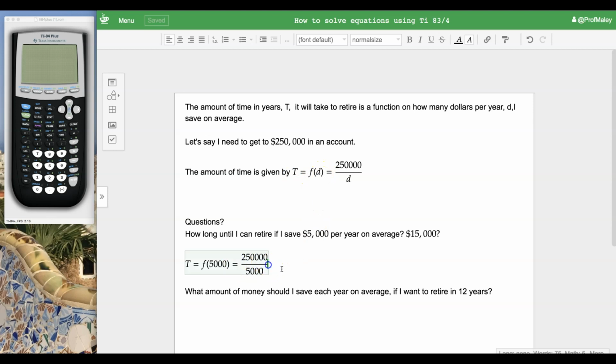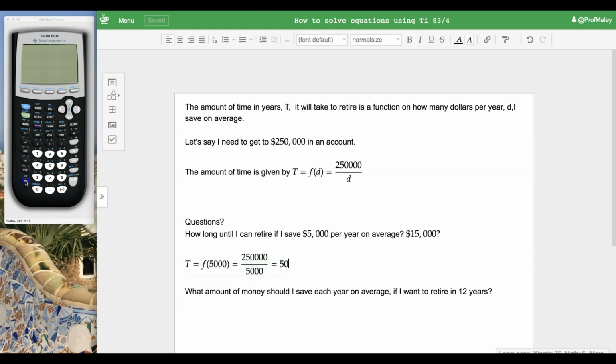And so, we can go ahead and calculate what this would be. This should be around 50, right? So if I save $50 per year, or sorry, if I save $5,000 per year, it will take me 50 years to retire. Again, thinking that the units here, input of dollars per year, units here are going to be years.